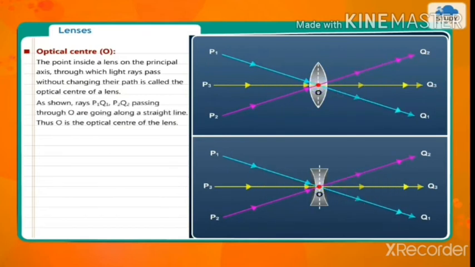As shown, rays P1Q1 and P2Q2 passing through O are going along a straight line. Thus, O is the optical center of the lens.